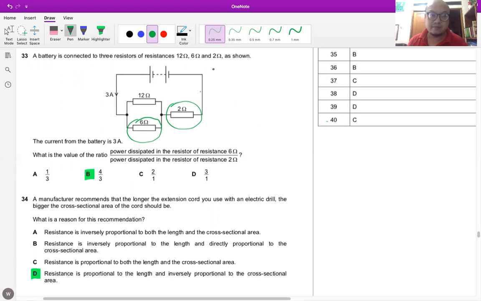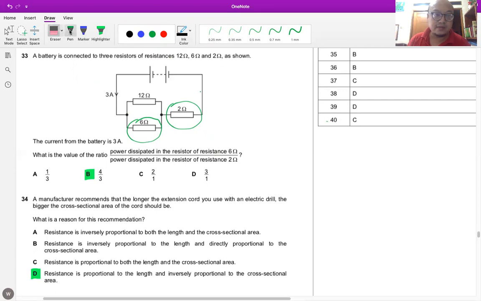I think for power in the 6 ohm, we need to find the voltage on this. Wait.